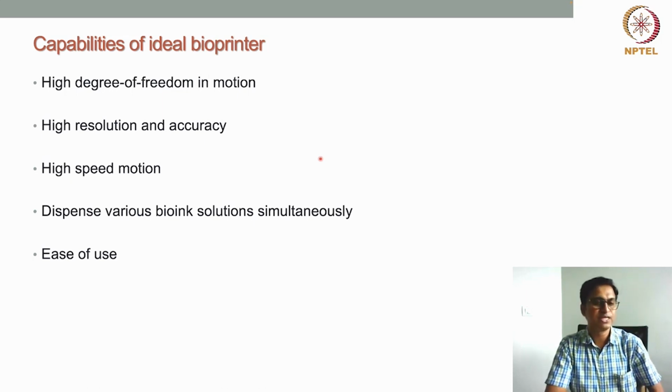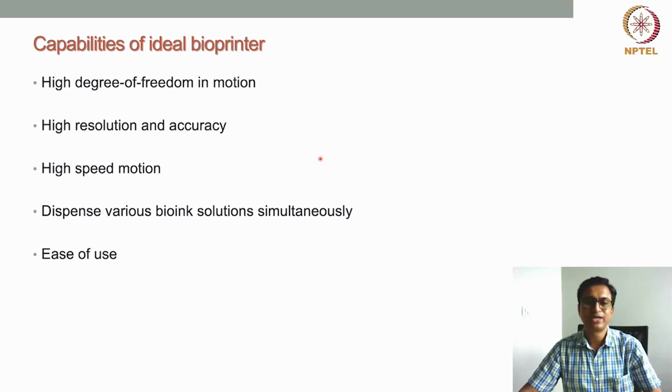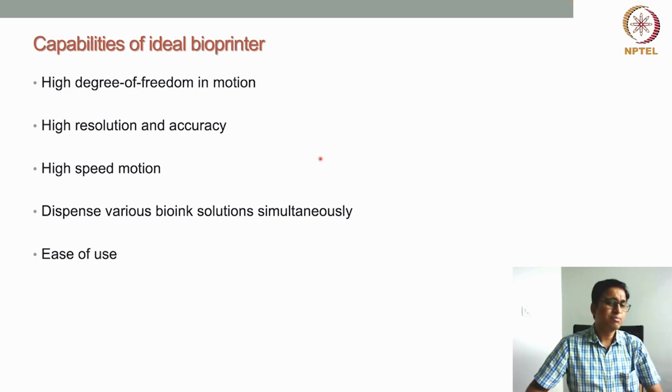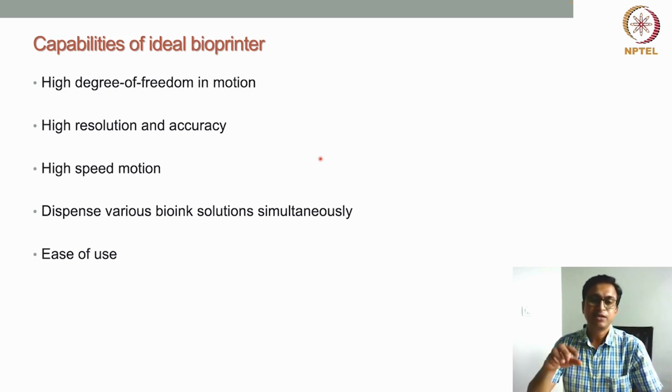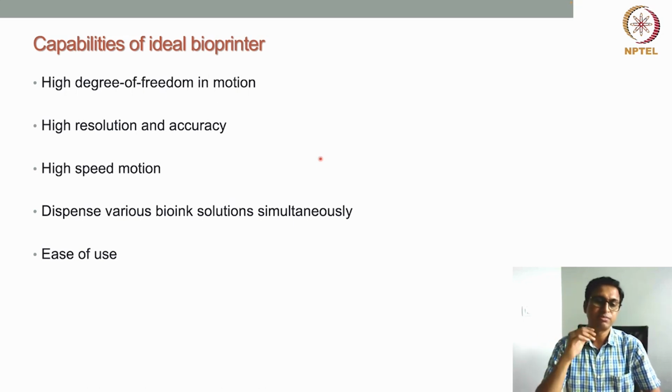So high resolution and accuracy is another required capability. Some printers, like inkjet based printers or laser assisted bioprinting, offer high resolution, but printing high resolution structures accurately at high speed is another requirement for an ideal bioprinter.